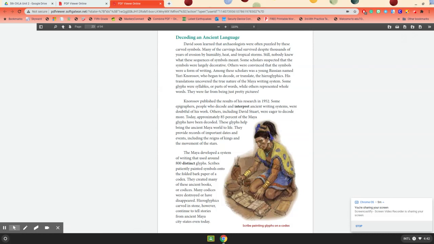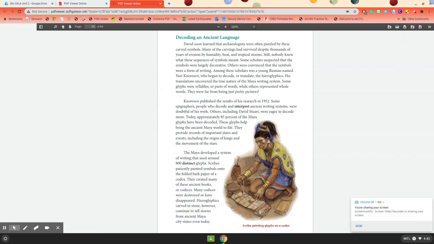Today, approximately 85% of the Maya glyphs have been decoded. The glyphs help bring the ancient Maya world to life. They provide records of important dates and events, including the reign of kings and movements of the stars. The Maya developed a system of writing that used around 800 distinct glyphs.